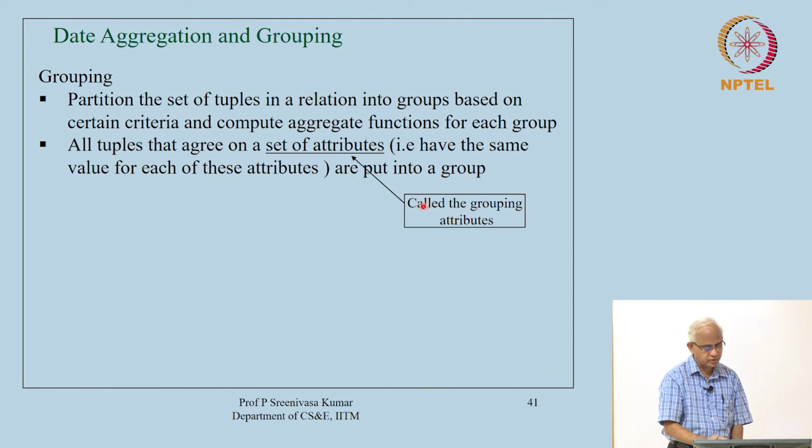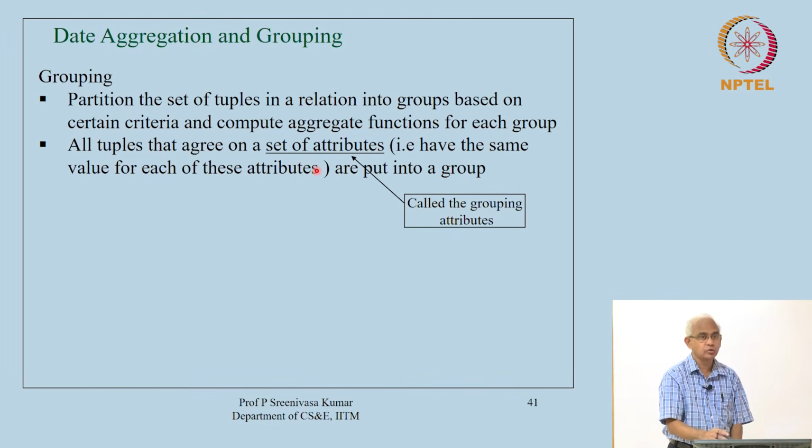So, how the grouping works is that all the tuples that have the same values for these set of attributes, the corresponding attributes, are put into the same group. Let us say you have two attributes A, B, then you will examine all the tuples, and if the two tuples have the same A value and same B value, then they will be put into one group.